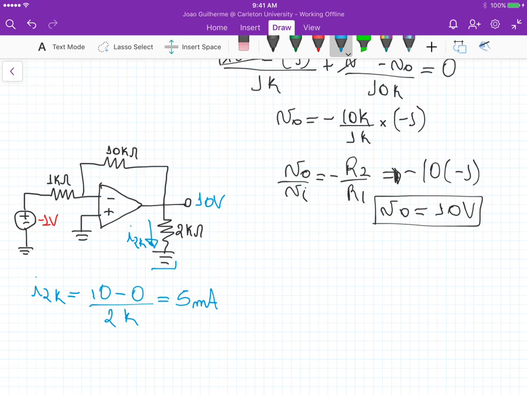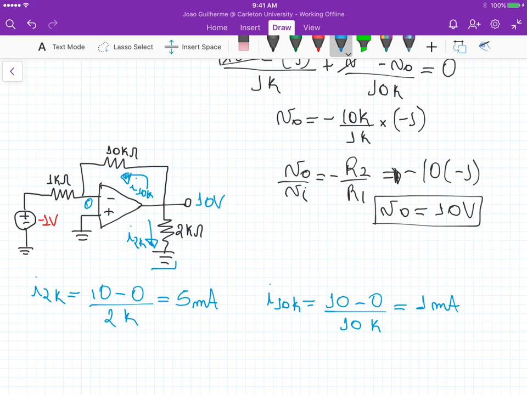This current here, remember this is 0 volts, so we have a current flowing in this direction, and I'll call that I10K, which is equal to 10 minus 0 divided by 10K, and this is equal to 1 milliamp.